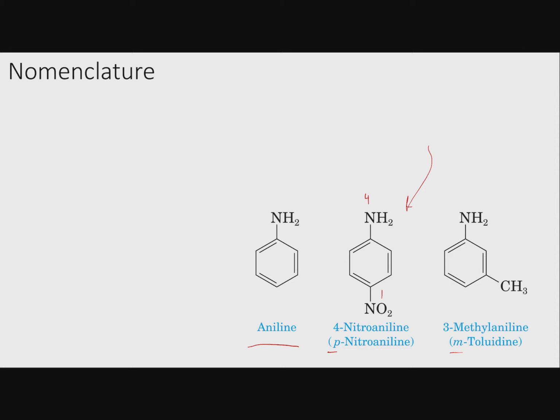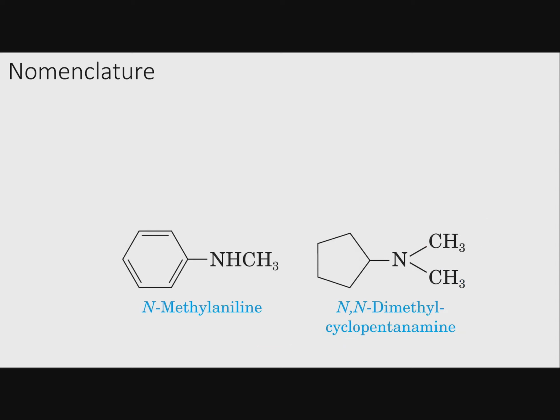Unsymmetrical secondary and tertiary amines get named as N-substituted primary amines. So we would take the largest group bonded to the nitrogen as the parent amine.